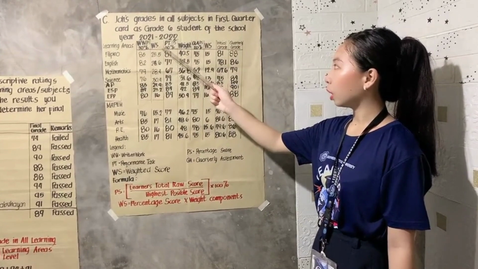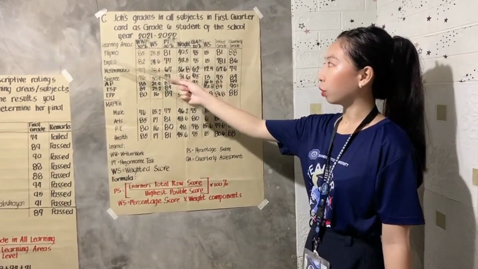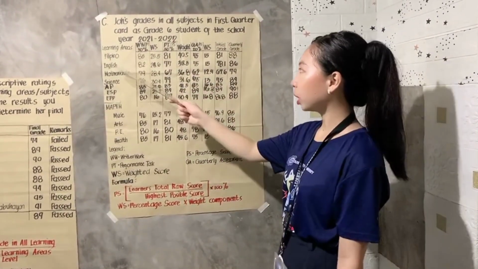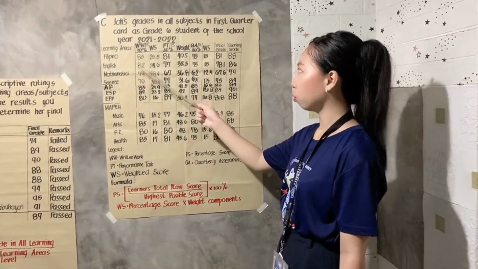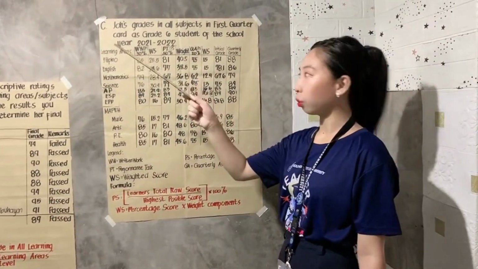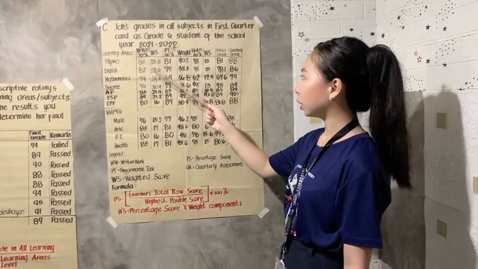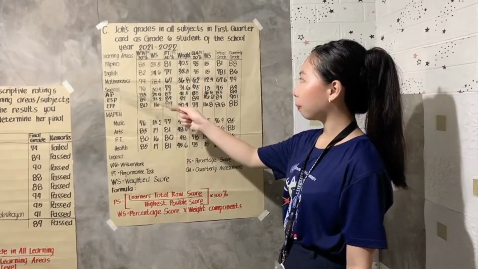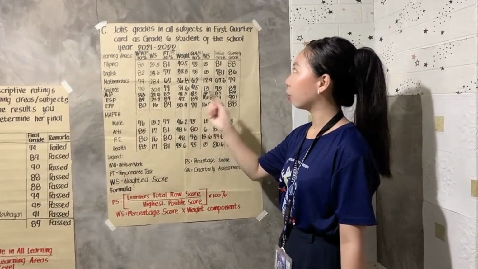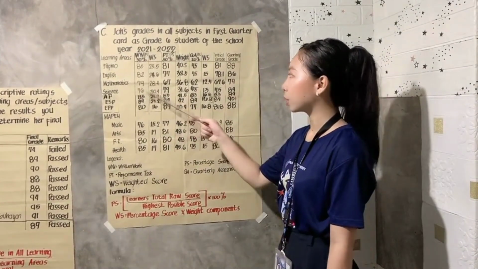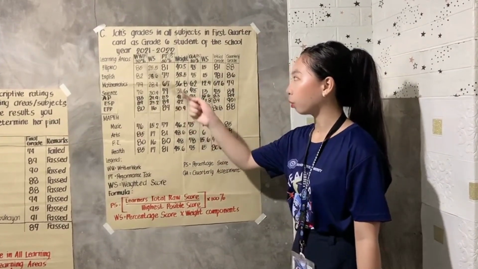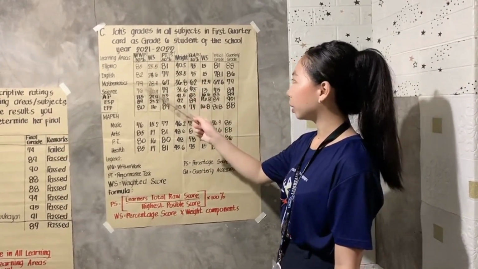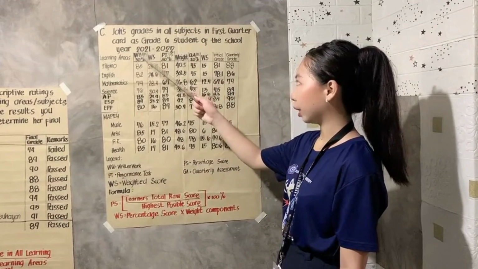And that is for the Filipino subject. For English, she got a percentage score of 82, multiplied by 0.30, that would be 24.6. In Mathematics, he got a 79 percentage score, multiplied by 0.30, that would be 28.4 for the weighted score.